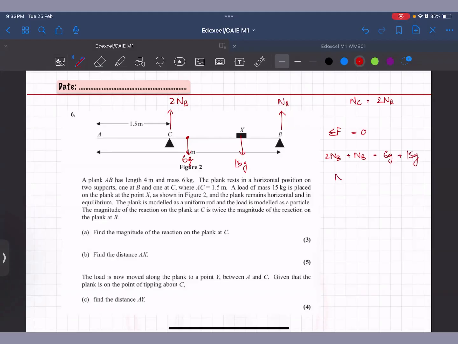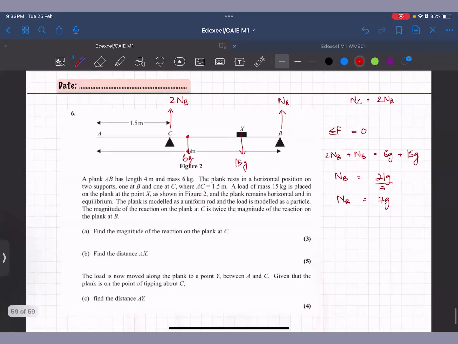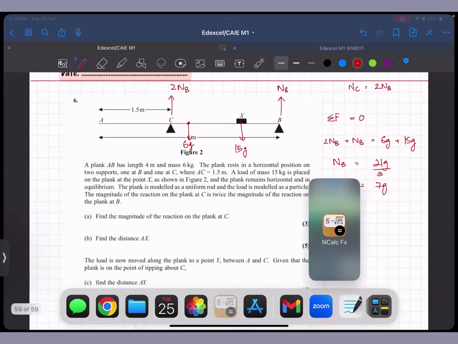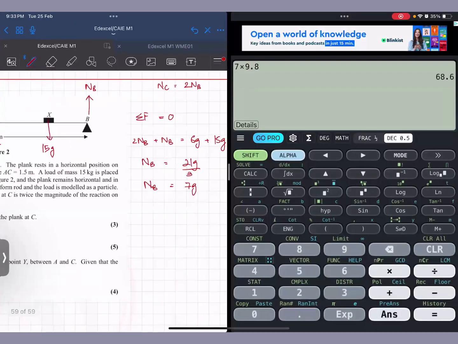So NB would be equal to 21g upon 3, so NB is equal to 7g. You take g as 9.8, right? Yes, sir, 9.8. So how much is it? 7 times 9.8 is 68.6.